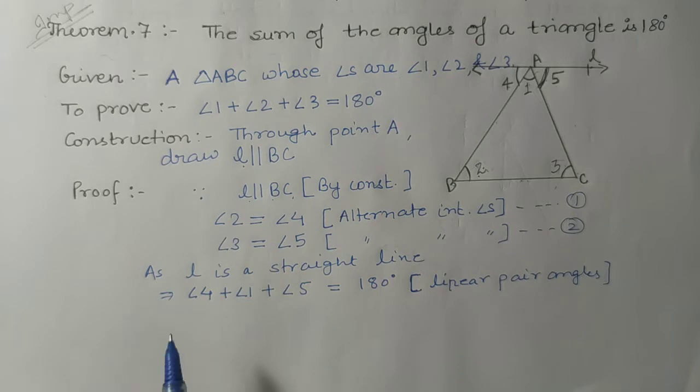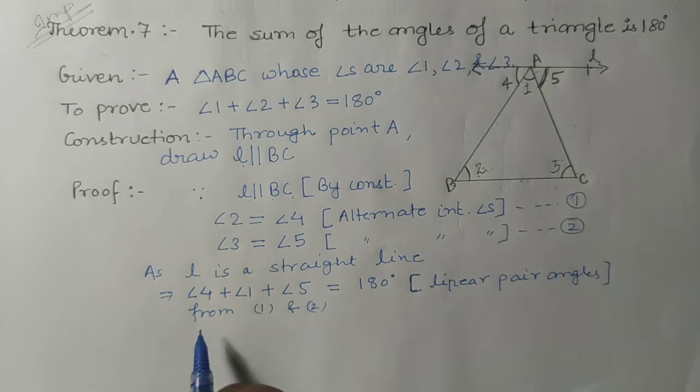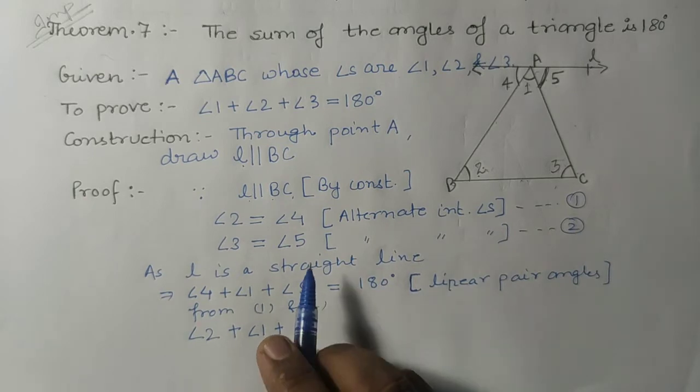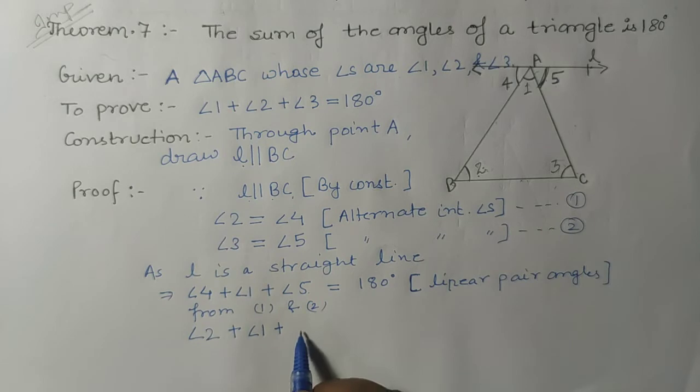Now see students, from 1 and 2, what can we do here? From 1, in the place of 4 we can write angle 2 and angle 1 as it is, and from 2, in the place of angle 5 we can put angle 3.